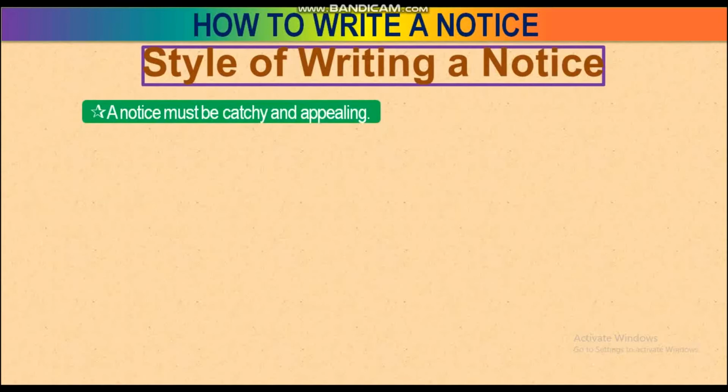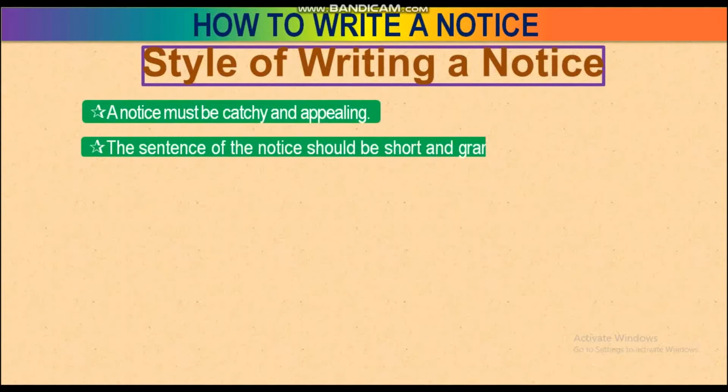So, if the notice is catchy and appealing, it can easily attract the reader's attention at once. The sentence of the notice should be short and grammatically accurate because if the sentences of the notice are short and grammatically accurate, the readers will be able to understand the notice easily.